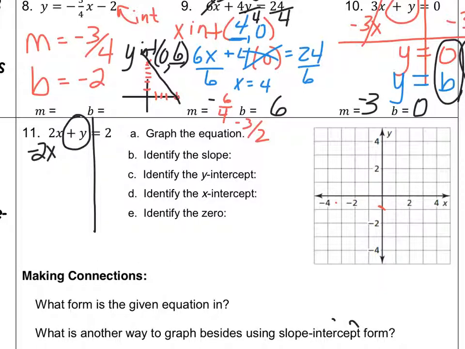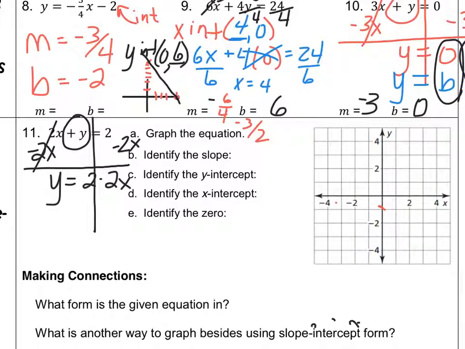Now 2x is not a like term to 2, because 2 doesn't have a variable of x. So I'm going to put my minus 2x over here beside it. I'm going to bring it all down, and I get y equals 2 minus 2x.